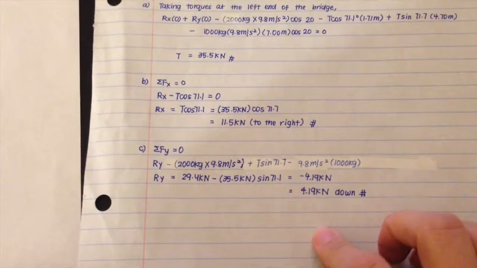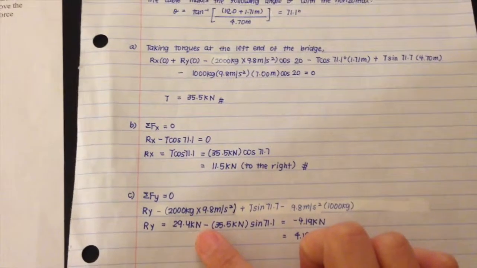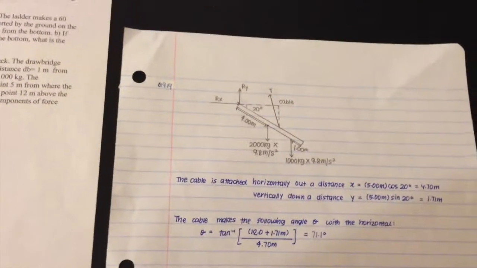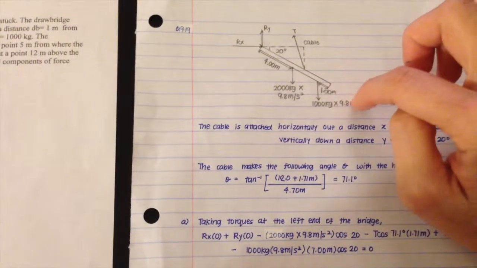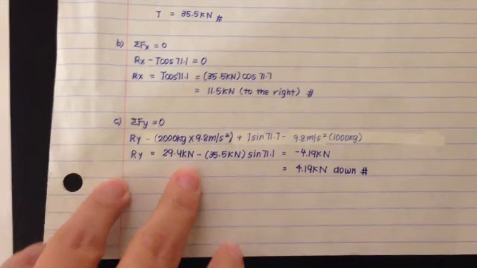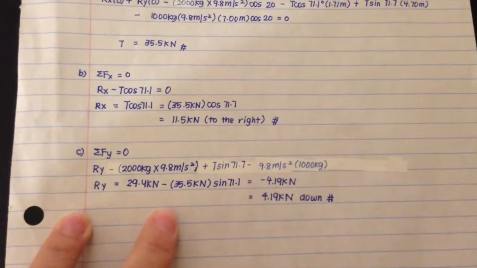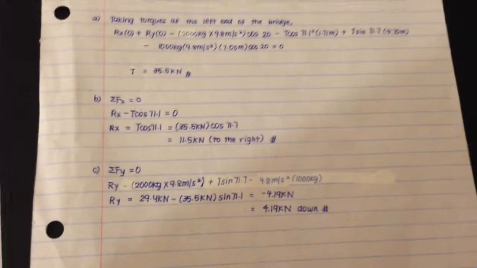I do the same thing for the vertical component, equating it to 0 too. There are more forces present vertically: Ry, the weight of the rider and the horse, the weight of the bridge, and lastly the tension. This is what I did, and I got Ry to be 4.19 kilonewtons acting downwards. So this is my solution.